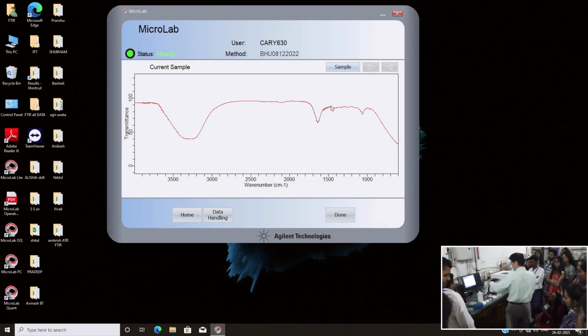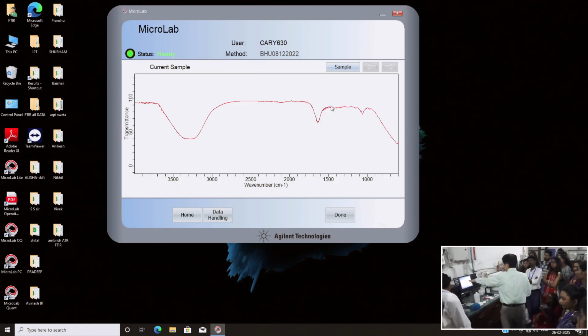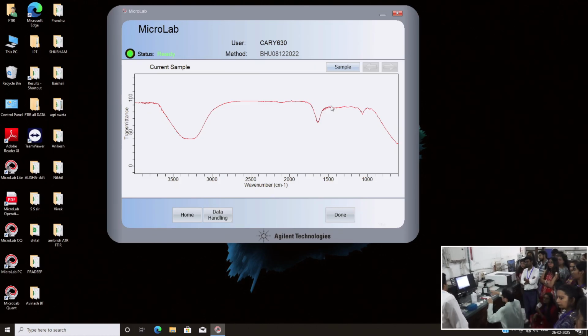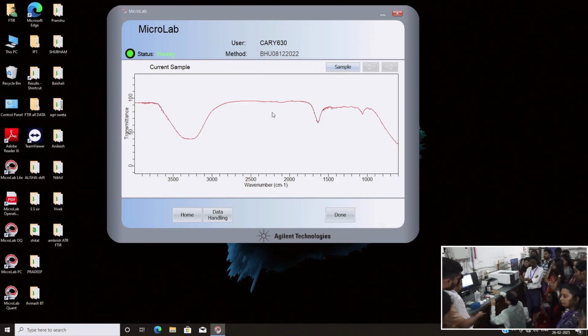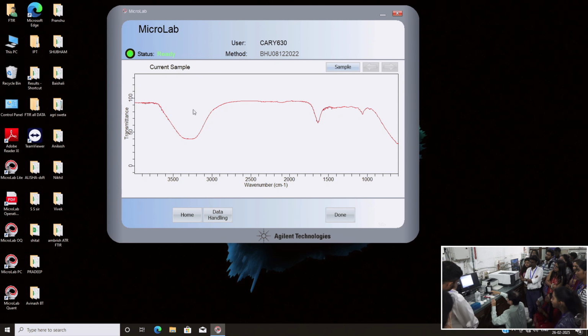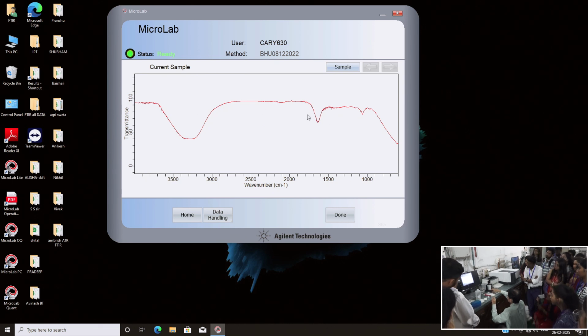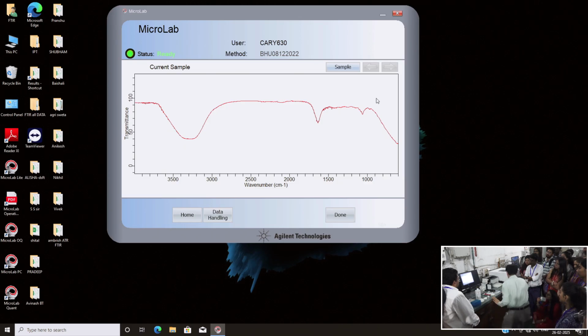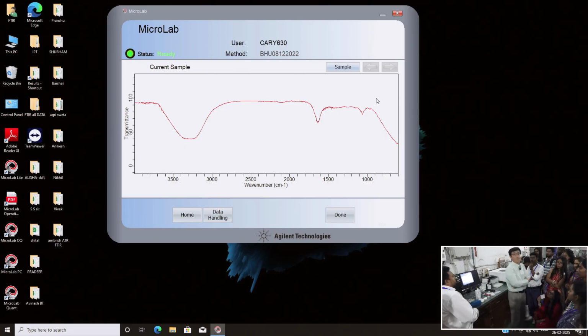Then we will see some additional peaks on this screen. This is water, so only H2O OH stretching and HOH bending is seen. So this is the first step. We finish the measurement of the solvent.